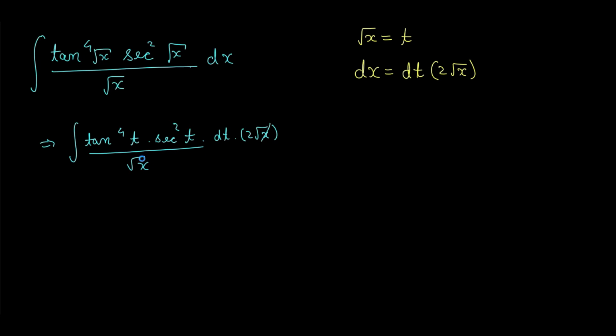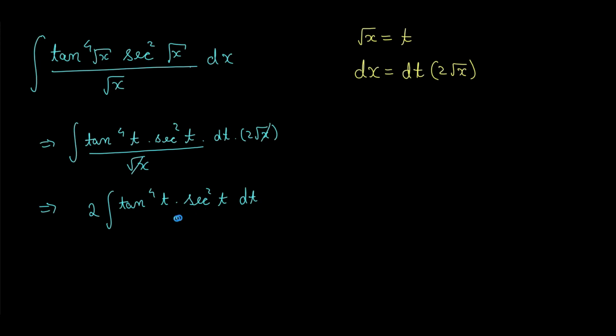Now the root x and root x get cancelled out, so we are left with 2, because it's a constant, integral tan fourth t times secant squared t dt.